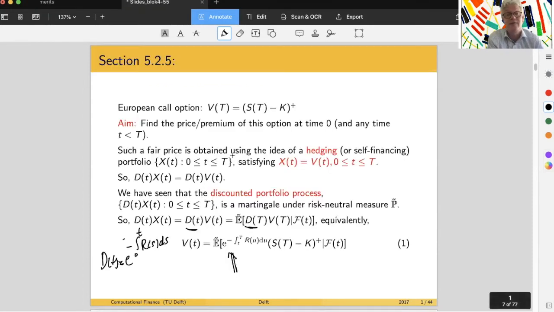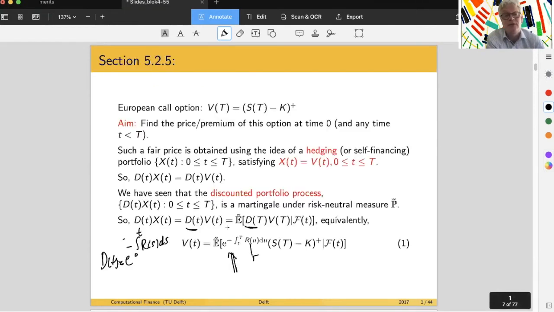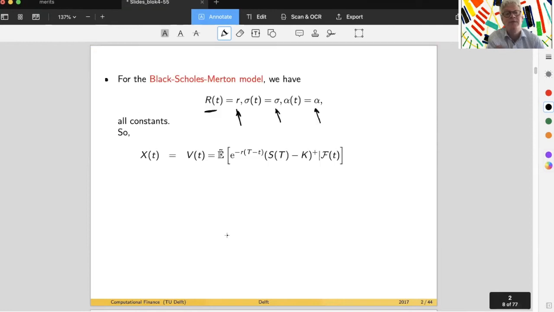If we look at this and just substitute little r here, it is just r times (T minus little t), and the minus sign in front is also there, so we should keep that. So we get e to the power minus r (capital T minus little t) times the payoff, the maximum of S at final time minus K and 0, given the filtration up to time little t.